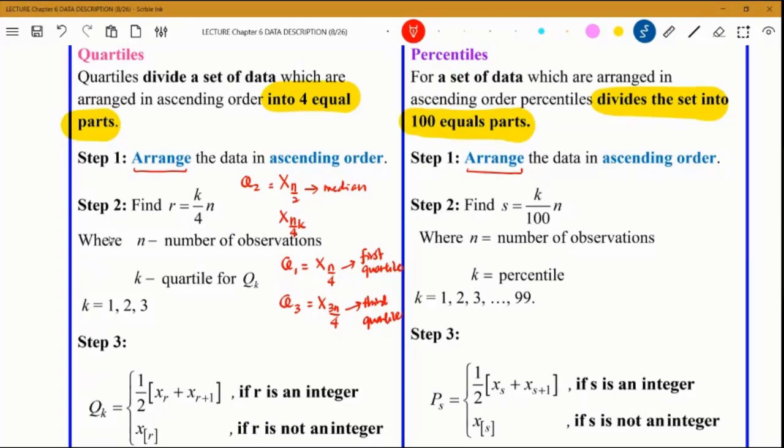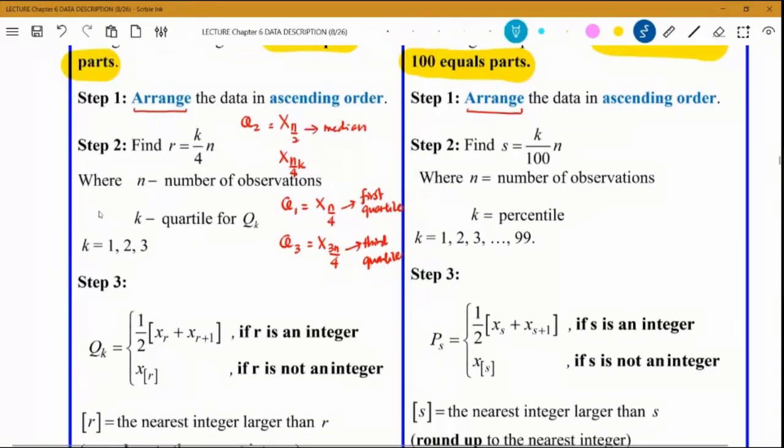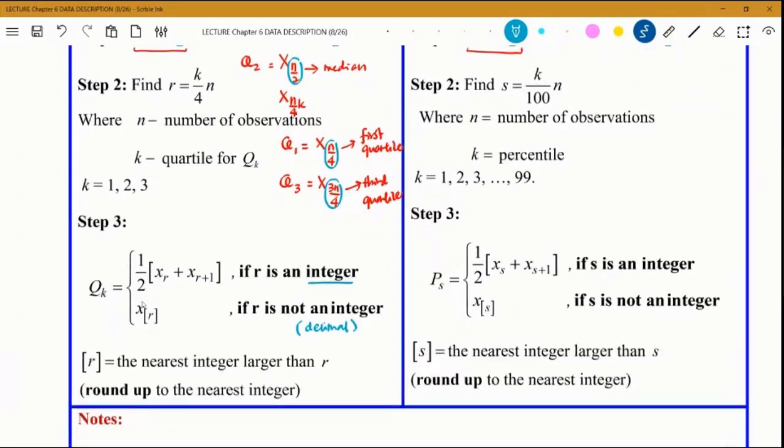So the same pattern: if you get an integer, we will add the next observation and divide by 2. But if you get a decimal, we will round up to the next integer. Okay. Alright, that one is for quartile.